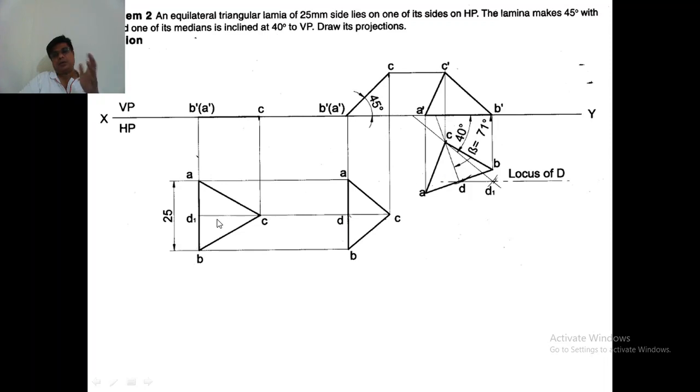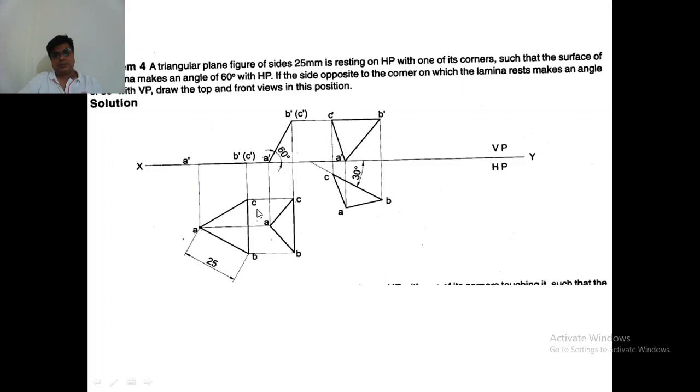If the length is not reduced, for example, in the previous problem, we had seen that this edge, the edge makes an angle of 30 degree to VP. So this BC makes an angle of 30 degree to VP. So here we do not follow the loci method.